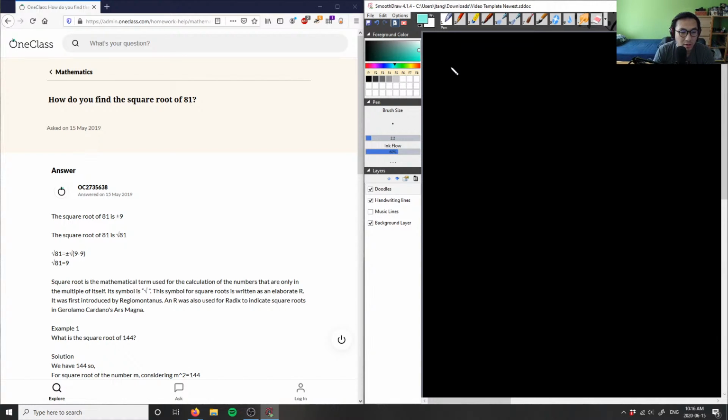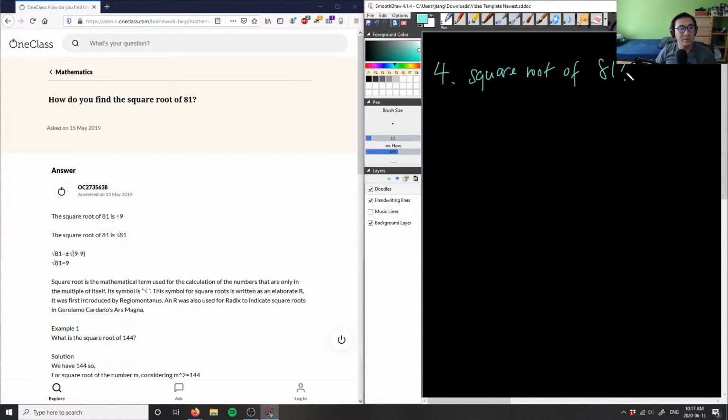Okay, number 4 here is asking us, how do you find the square root of 81? So there are basically two ways of thinking about this problem.